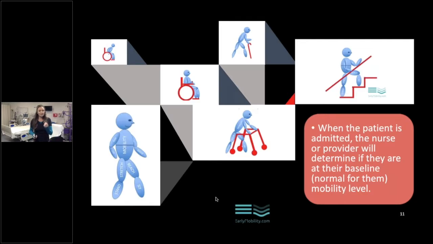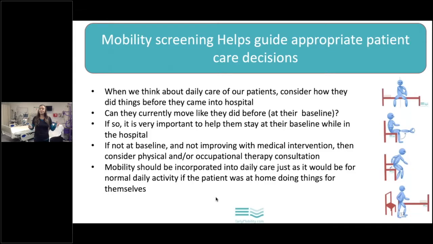The big challenge before us is that no veteran, no patient will acquire hospital deconditioning and immobility syndrome while they are in our care. So the functions of the mobility screen are to help guide appropriate care decisions. When we think about daily care, think about how did they do things before they came to hospital?